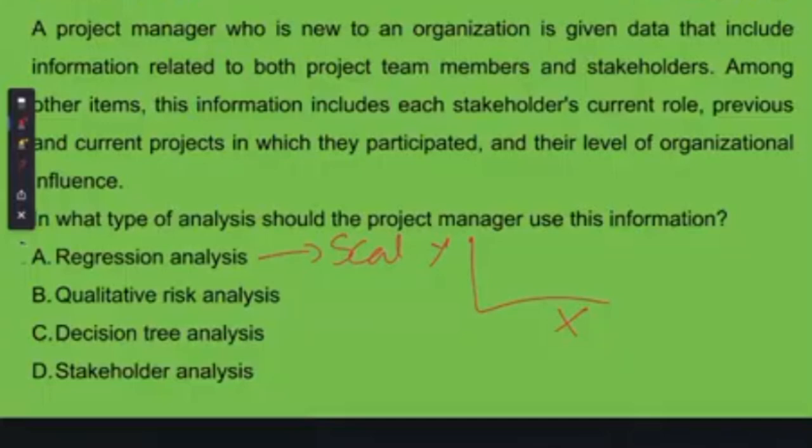That is regression. Qualitative risk analysis is the risk prioritization technique where teams sit together, look at the risk matrix and prioritize. Quantitative risk analysis, the decision tree, uses expected monetary value to decide which one you are going to do.